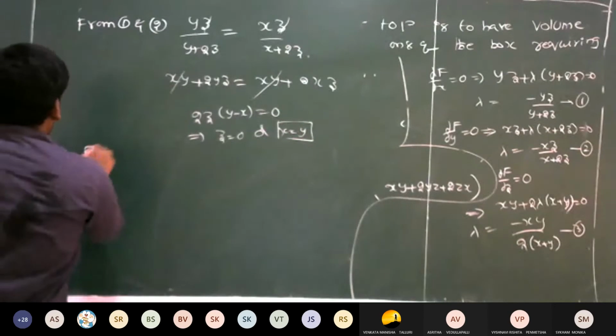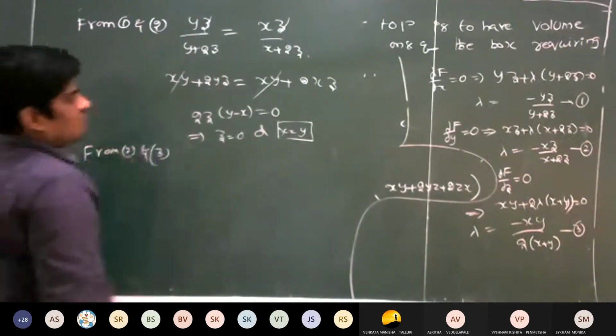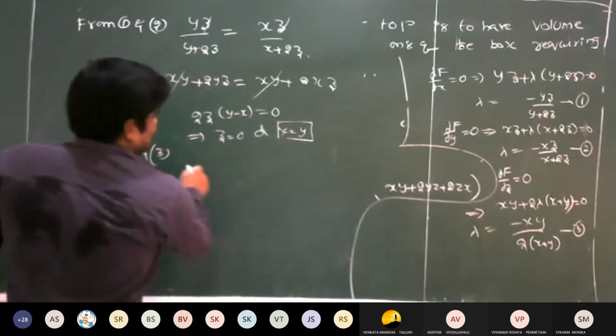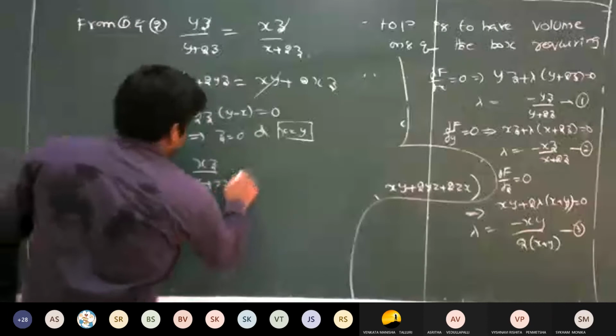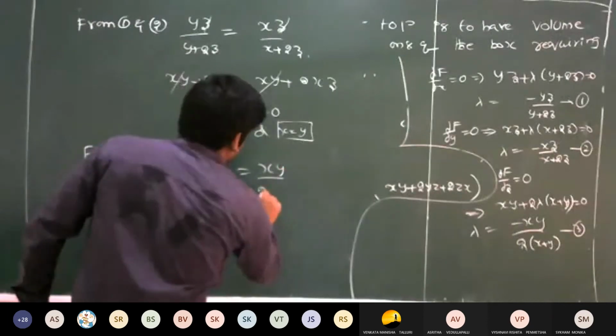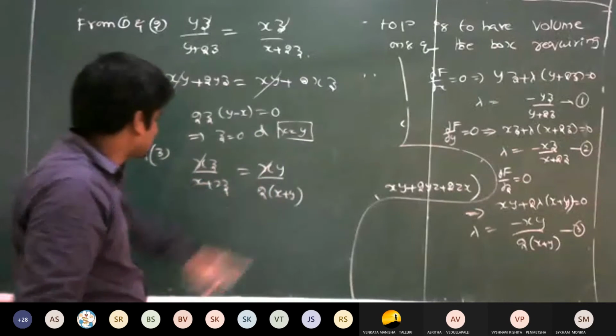That means z is equal to 0 or x is equal to y. So next, from 2 and 3, equating the value of lambda. So minus xz by x plus 2z, that is nothing but xz by x plus 2z, is equal to xy by 2 into x plus y. So here x gets cancelled. So do the cross multiplication.